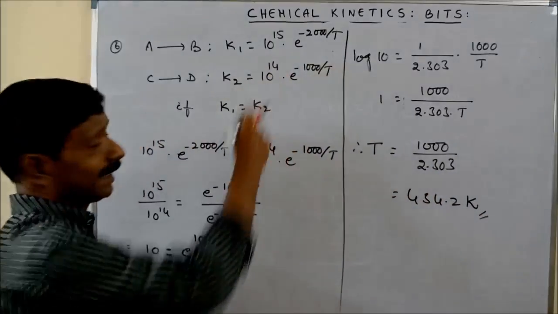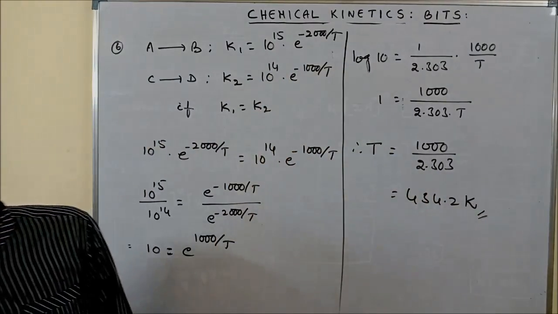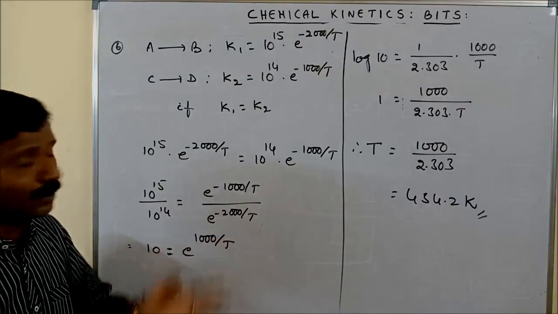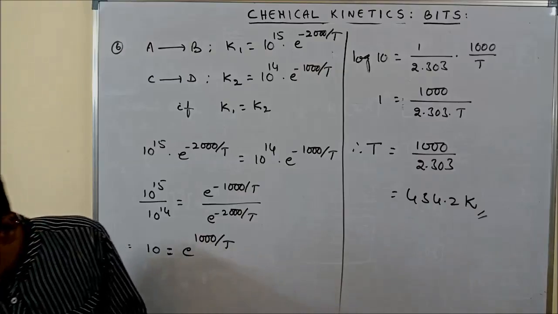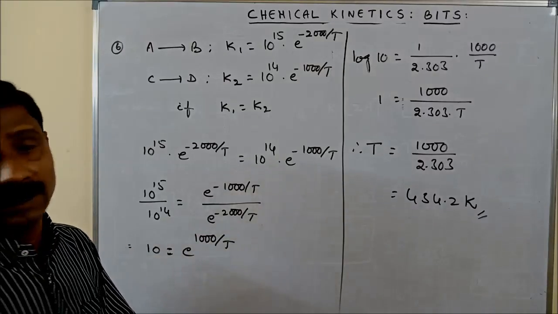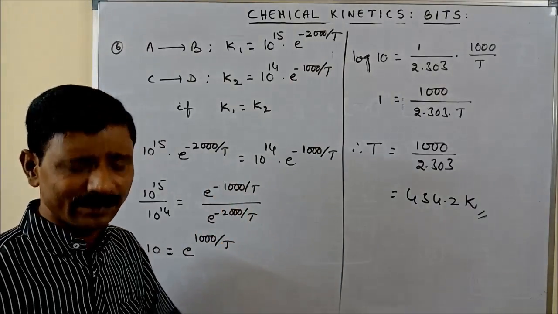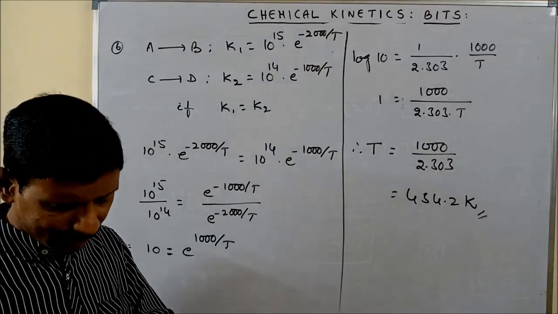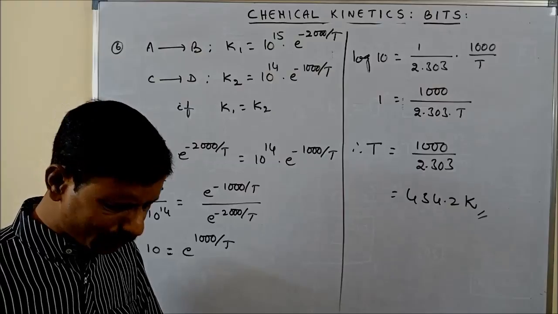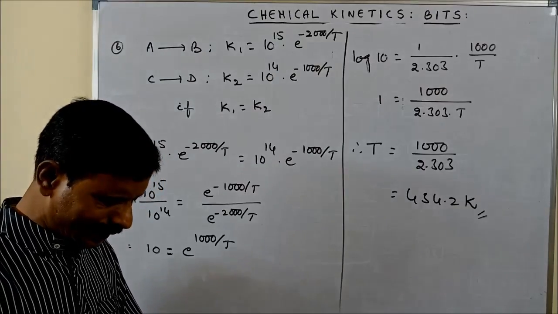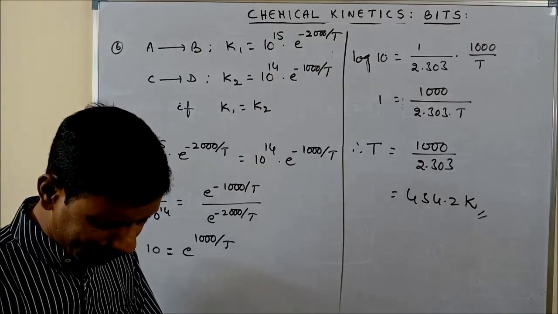So at almost 434 Kelvin, both K1 and K2 are going to be equal. So it is another important model. The process of simplification is important here. If you have that idea of how to simplify, it is not going to be difficult.